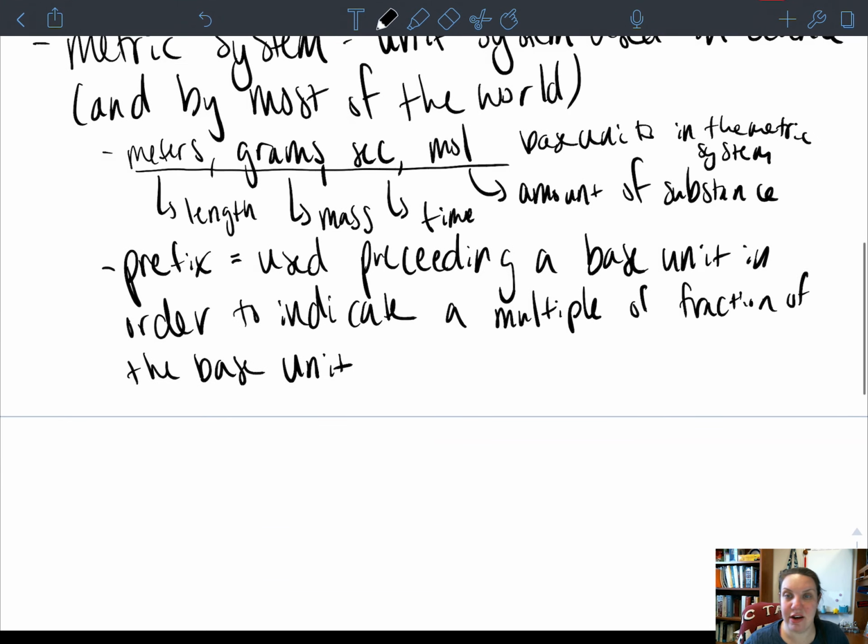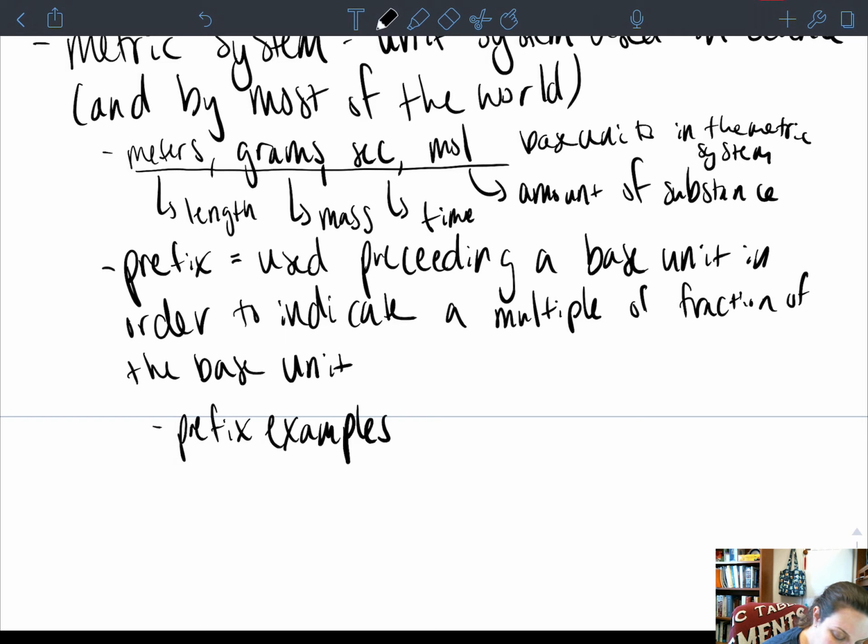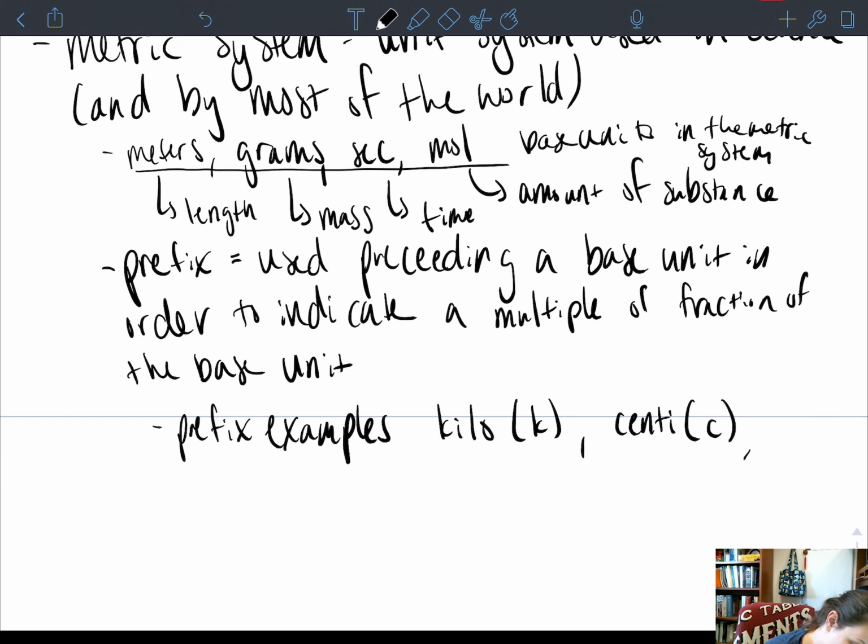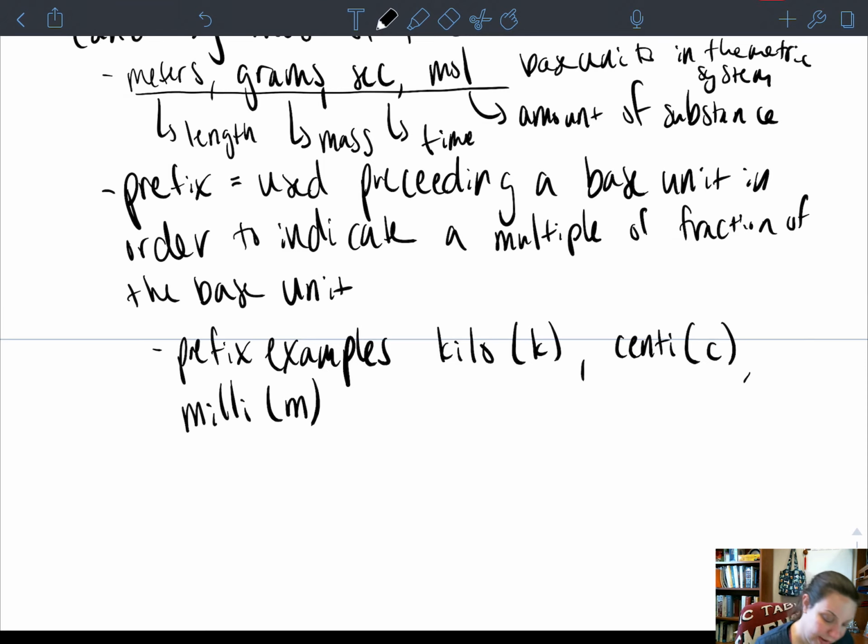Okay, and I'm going to give you guys a whole list of prefixes, but to give you an example, some prefix examples include kilo, lowercase k, centi, lowercase c, milli, lowercase m. So we've got lots of prefixes. And then when you attach them to a base unit, such as kg, that stands for kilogram.